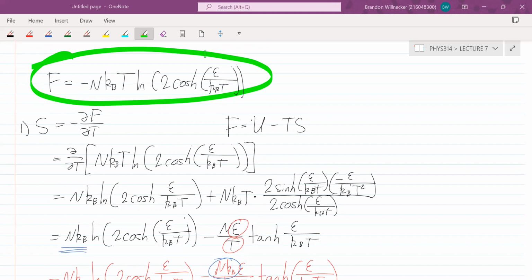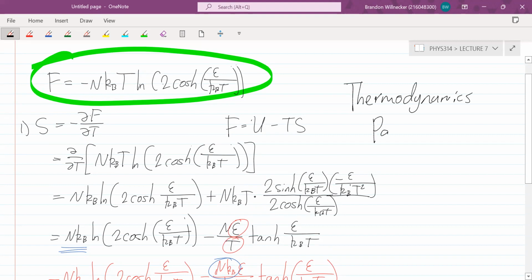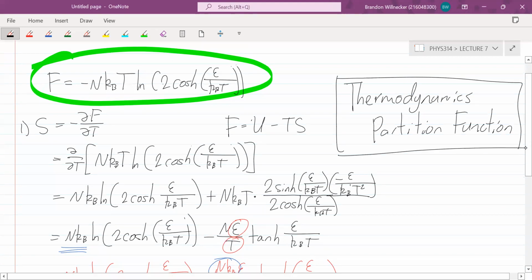Okay, if you want to look up some of the stuff before you start, look up thermodynamics, partition function. Okay, so that's what you'll be calculating as your step 0.